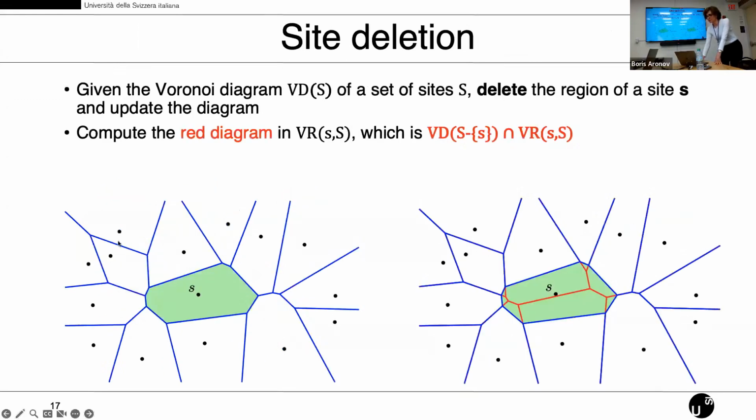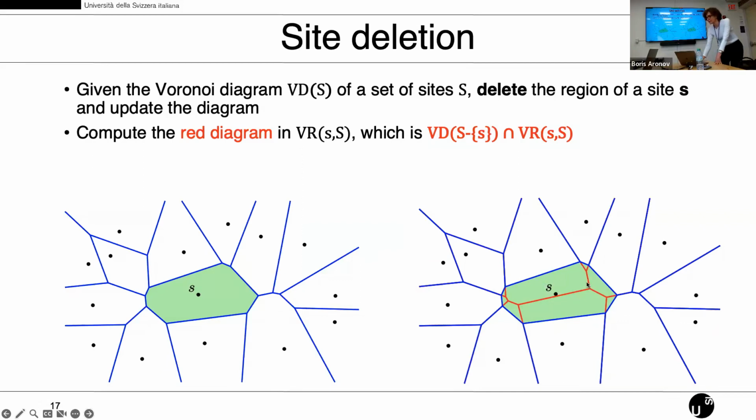So here is the setting. We have a Voronoi diagram. We have a set of sites S, and we want to delete the region of one site S. We want to delete this green region and update the diagram. To do that, to delete S and update the diagram, we need to compute this red tree here, which is the Voronoi diagram of everything else outside the green region, truncated within it.